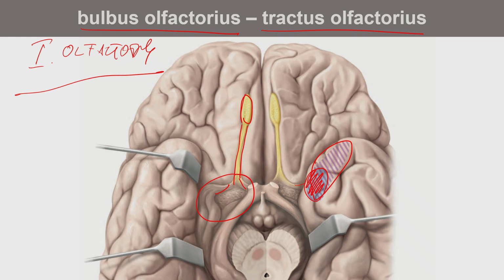It is the amygdala, and the surrounding tissue is the so-called entorhinal cortex.